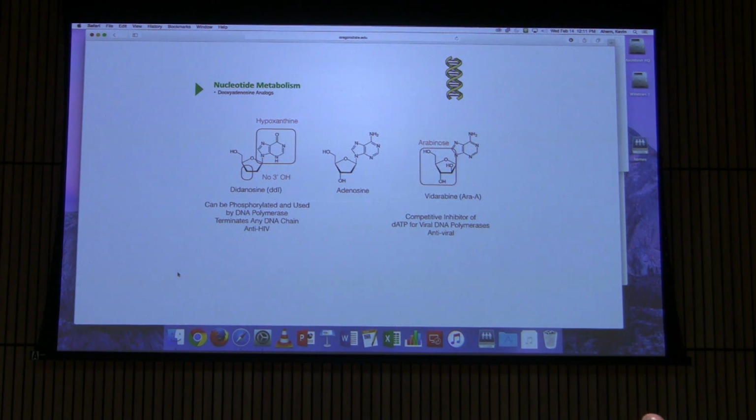And the two approaches I'm going to tell you, and then I'm going to show you some examples, are as follows. One is to design a competitive inhibitor of either the DNA polymerase or the RNA polymerase, meaning we make a nucleotide-like molecule that fools the polymerase. Okay?